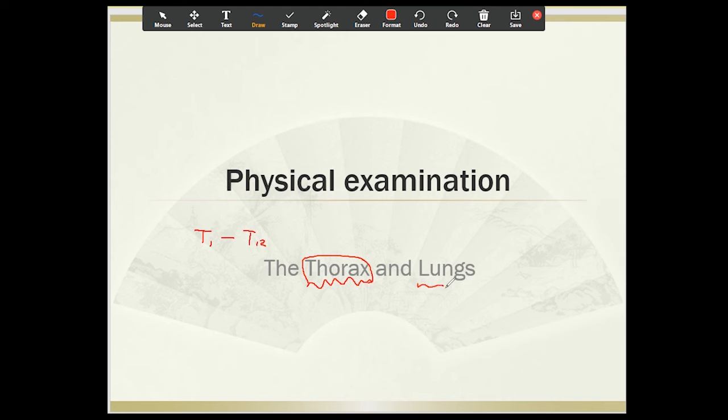And we're talking about physical examination of the lung first for today. Certainly in the chest area, we have two important organs: one is the lung, another is the heart.